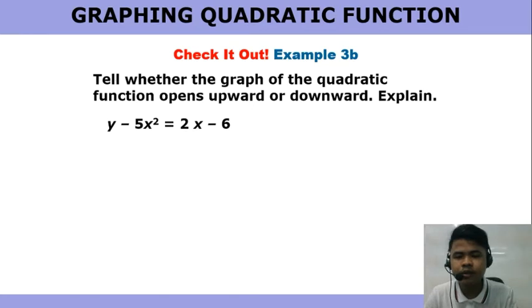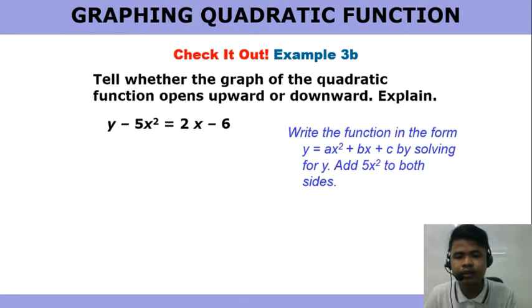Okay? Downward ba o upward? Okay, the first step na gagawin natin is we'll write the function in the form of y is equal to ax squared plus bx plus c, which is the standard form of the quadratic function. So, here, we should solve for y by transferring negative 5x squared dito sa right side.